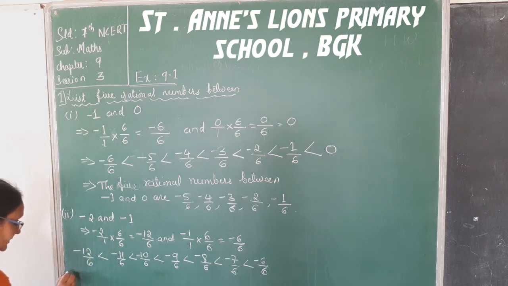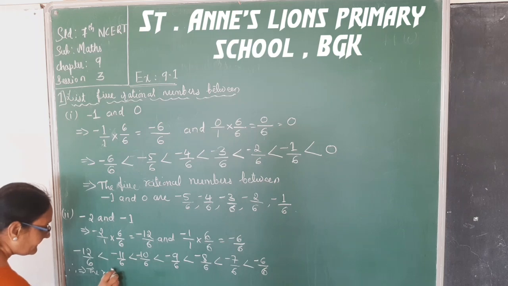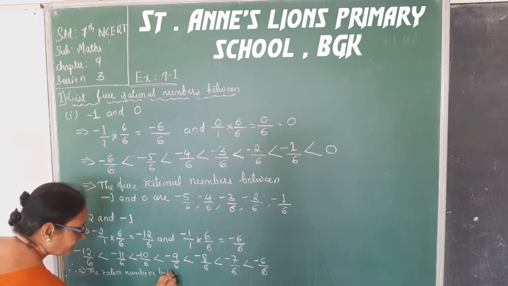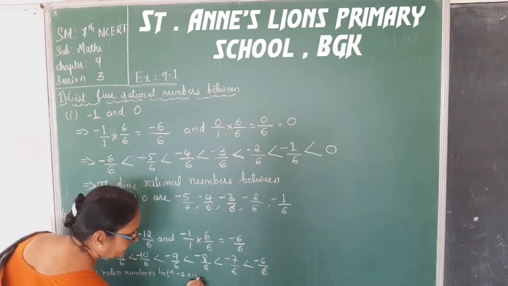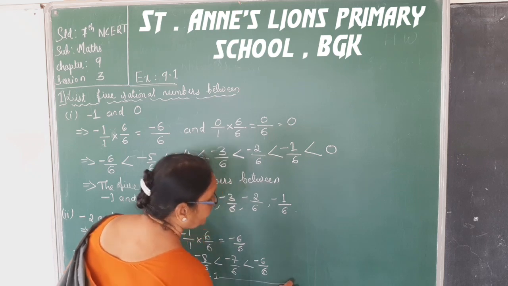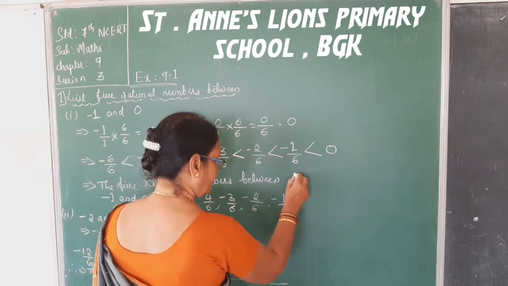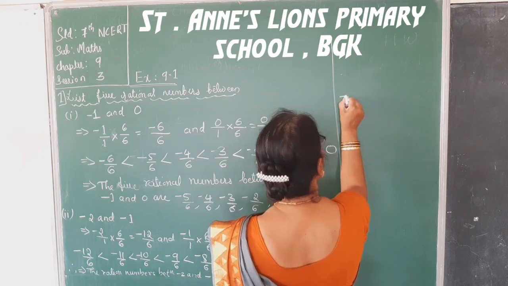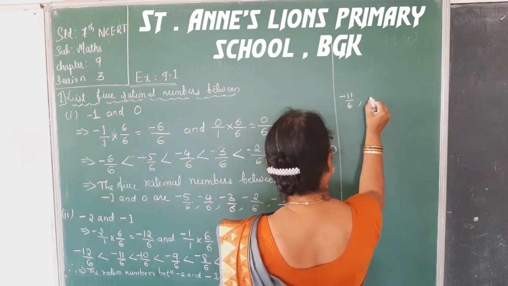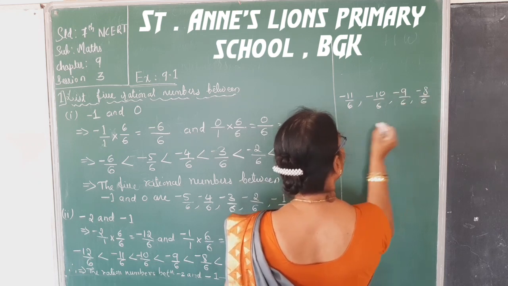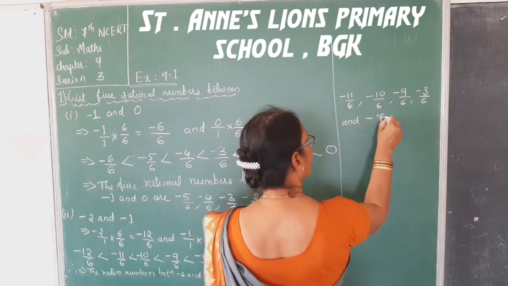Therefore, the 5 rational numbers between minus 2 and minus 1 are minus 11 by 6, minus 10 by 6, minus 9 by 6, minus 8 by 6 and minus 7 by 6.